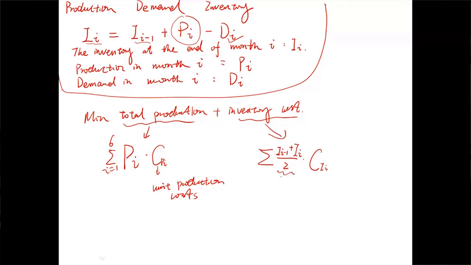So this part is the average inventory. Multiply that by the cost, which is 1.5% of the production cost in that month. With that, we got these two parts of our objective function.